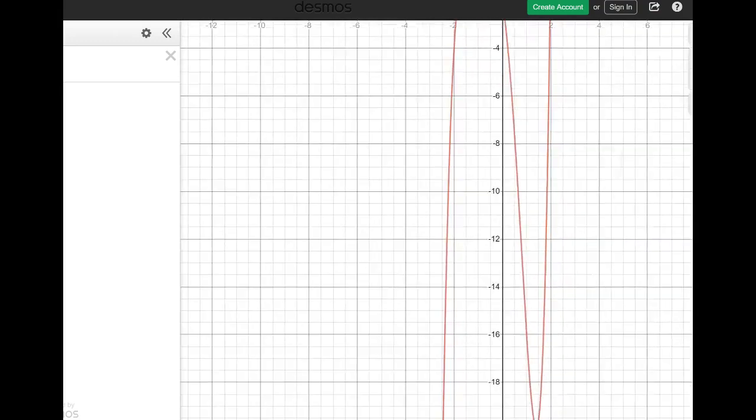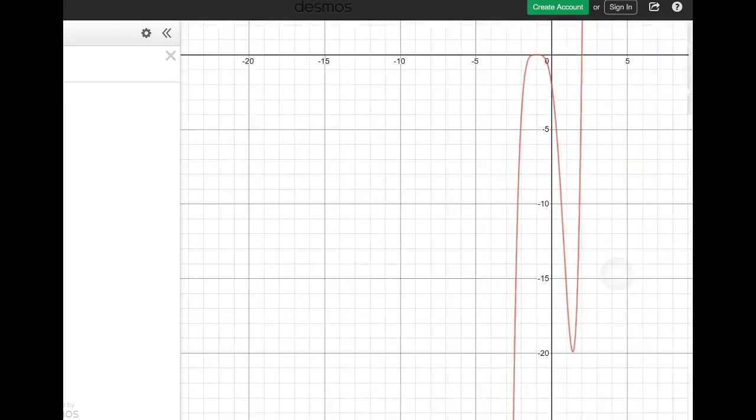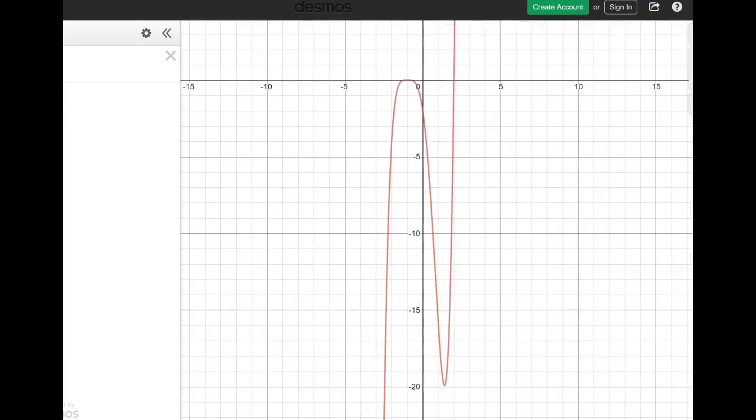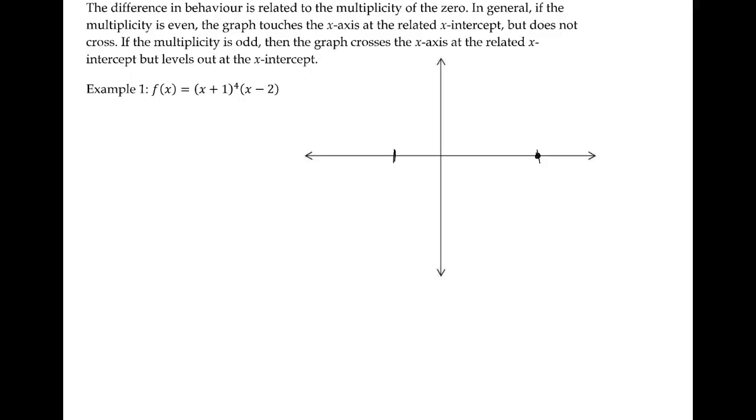So you truly get a better sense of that plateau at -1. And then it comes back down and passes straight through at 2. That looks better. Okay. So when I go to sketch it, I would want to emphasize that shape. Again, trying to make it as smooth as possible.